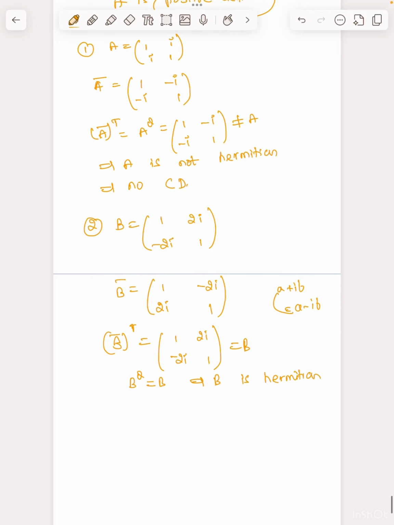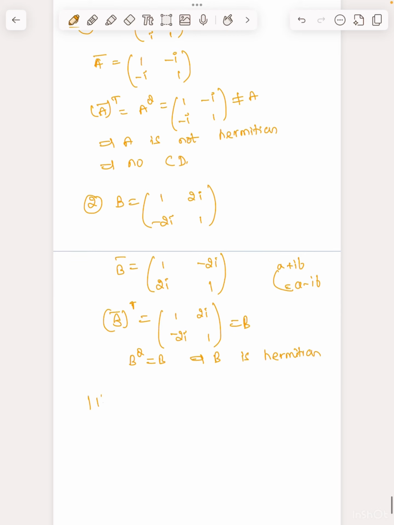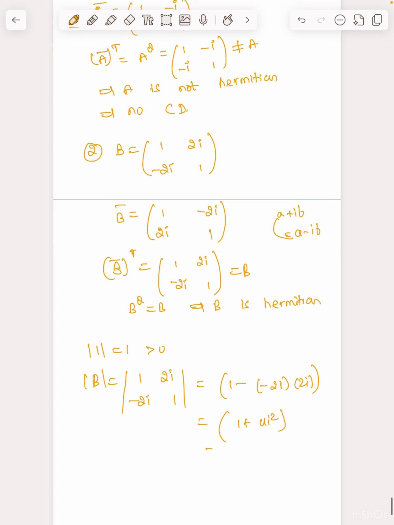Now we have to check all the leading principal minors. The first leading principal minor is 1, which is greater than 0. The second principal minor is nothing but the determinant of B, which is the determinant of 1, 2i, minus 2i, 1. This will be 1 minus (minus 2i into 2i), which is 1 plus 4i square, equal to 1 minus 4, since i square is minus 1.